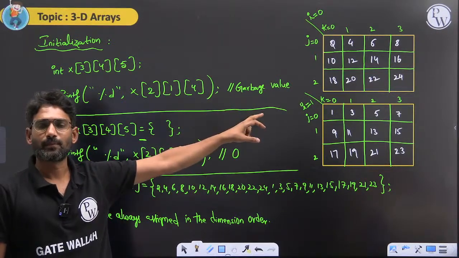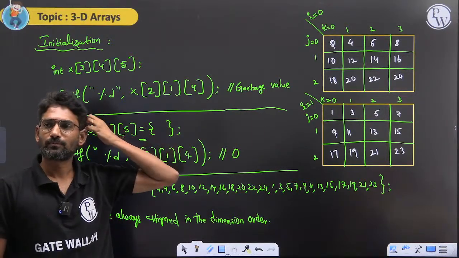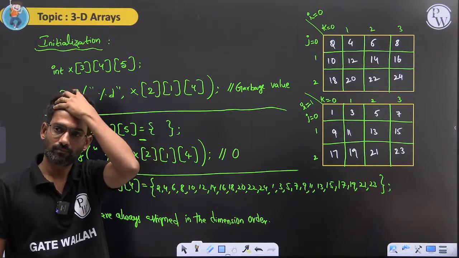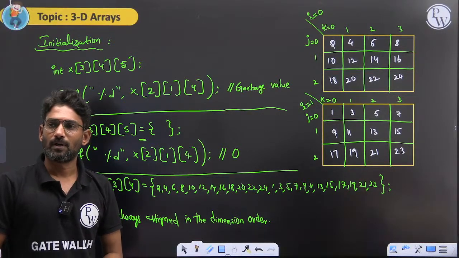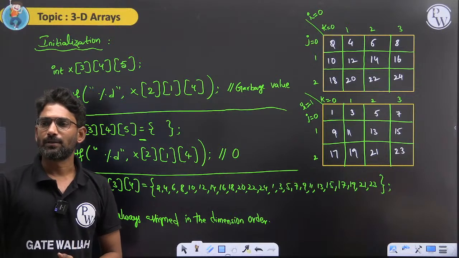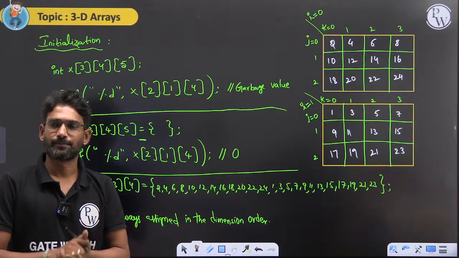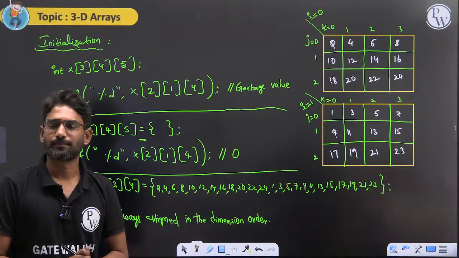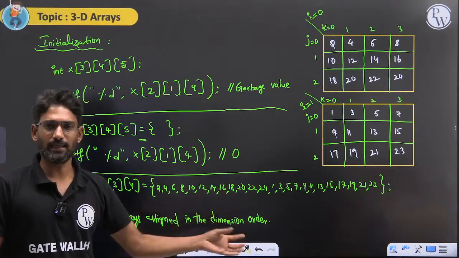Everybody? Yes or no? Ashwini Kumar, Meenakshi, Nishu, Sudeep, Shan, everyone? First 2D array, then second 2D array.